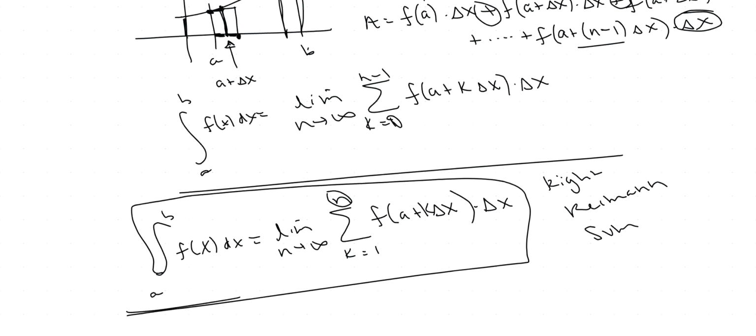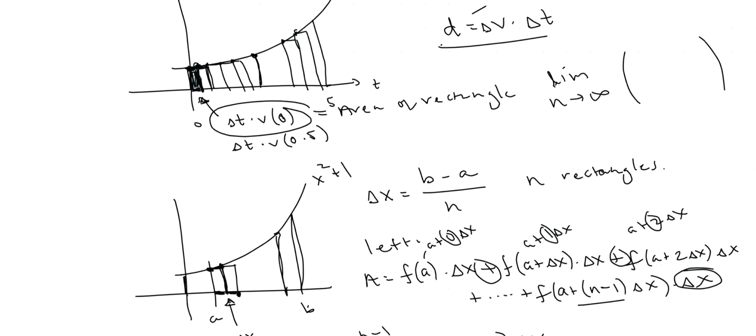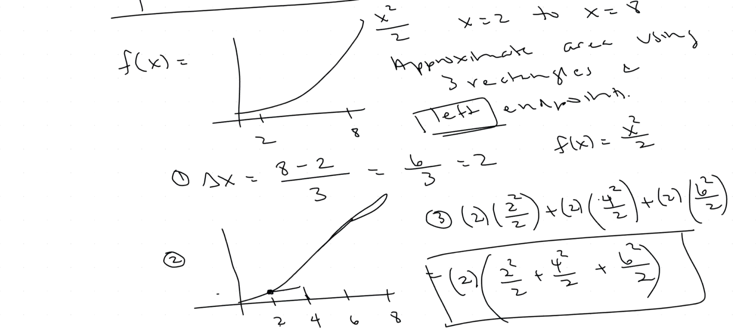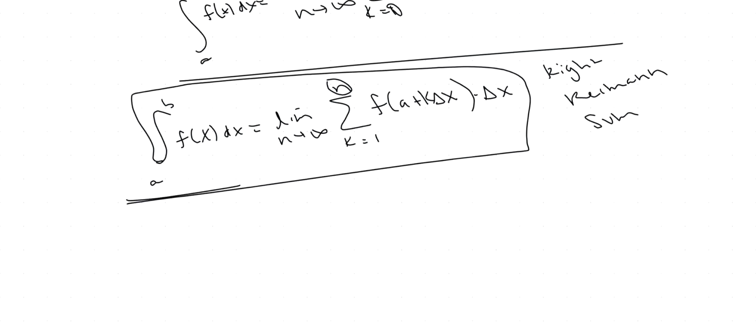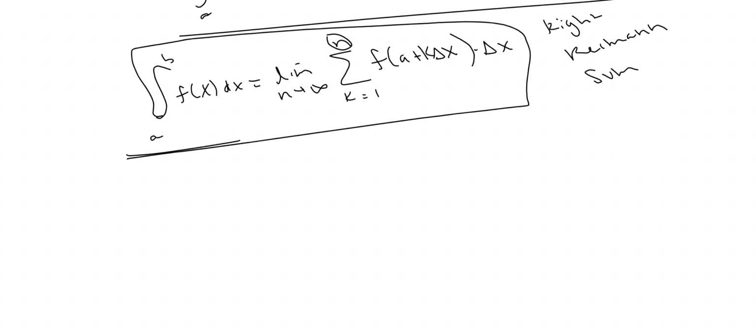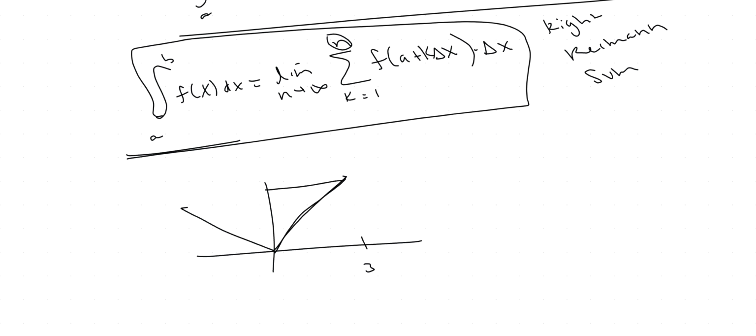Now, for the exam, I only expect you to do approximate area. This is just the idea behind the definite integral. For the exam, you just need to understand that if you have a graph that gives you a nice geometrical shape, like let's say this is 3 and this is 3, then if you want to find the integral from 0 to 3 of f of x dx, you only need to find the area under this triangle, which is 1/2 base times height.